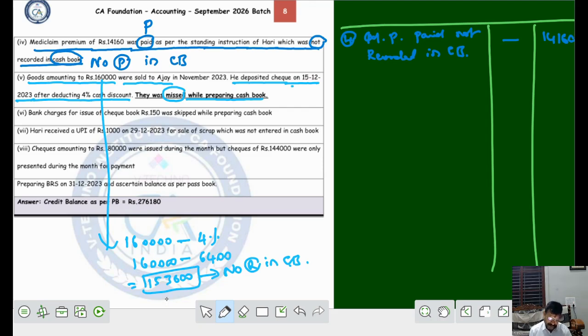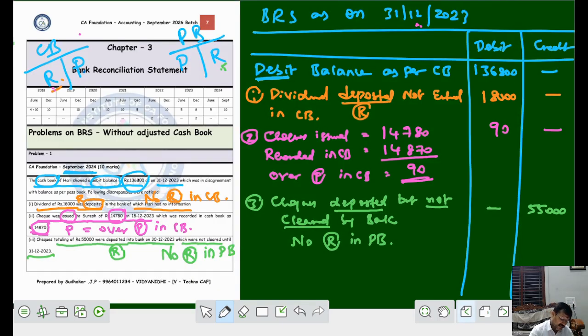He has deposited the balance of 1,53,600 in your account. But this was missing in the cash book. No receipt in cash book, my dear children, means what? No debit in cash book. So, where do we have to record? This is to be recorded in debit side only.